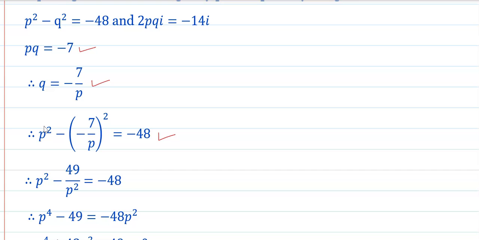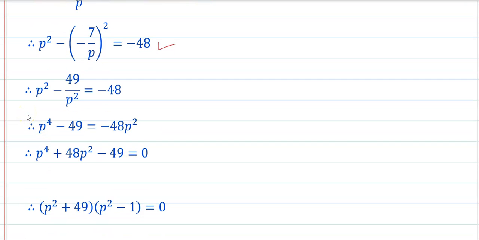Multiply on both sides by p square. Therefore, you will get p raised to 4 minus 49 is equals to minus 48 p square. Taking minus 48 p square to the left hand side, it becomes positive. Therefore, p raised to 4 plus 48 p square minus 49 is equals to 0.